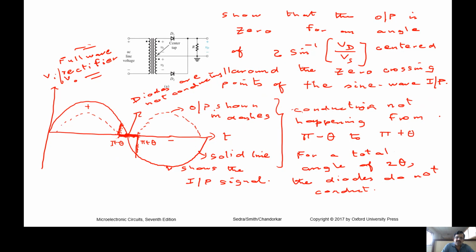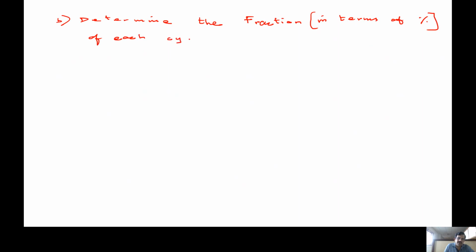Okay, so the second part of the question is: determine the percentage fraction of each cycle for which the diode conducts.